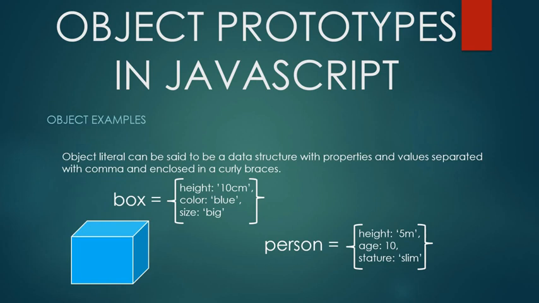A person is also an object that has properties like height, age, and stature. A box can have a height, color, and size as well. And I've given you the description of object literal earlier and explained this part.